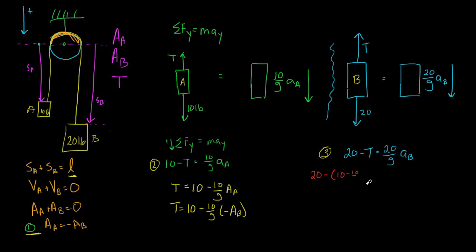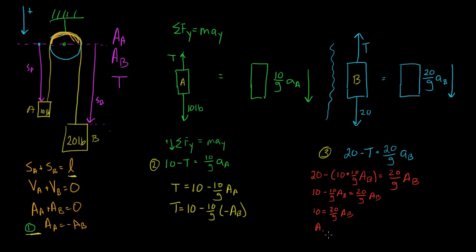I'm actually going to distribute this negative sign with the AB right here. So I get this equation right here. And this can be further simplified. So we have 10 minus 10 over g times AB is equal to 20 over g times AB. So 10 is equal to 30 over g times AB.